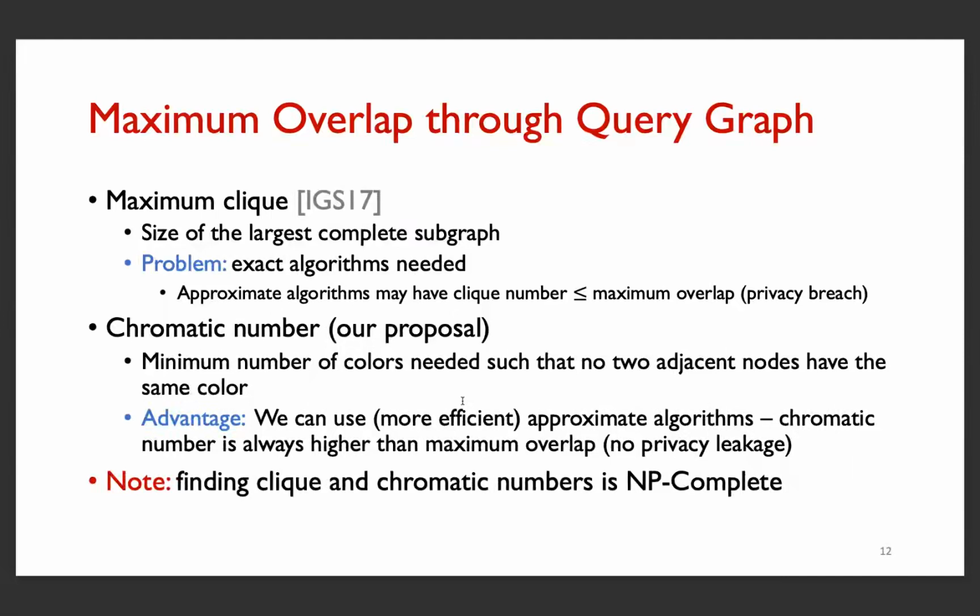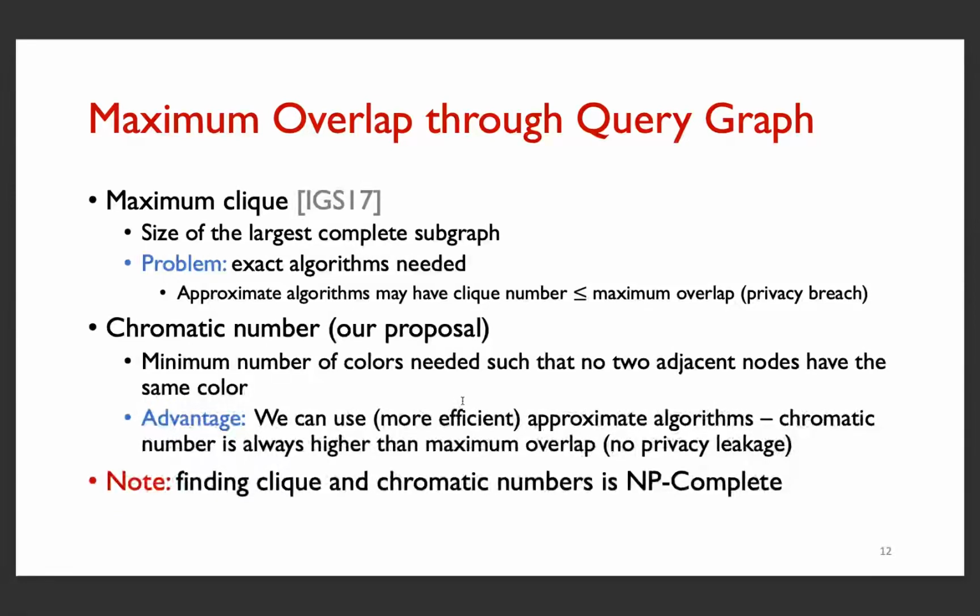Our proposal is instead to use the chromatic number. The advantage here is that we can use approximate algorithms for that because it's a minimization problem, and hence any approximation would be higher than the maximum overlap, and no privacy leakage would result.